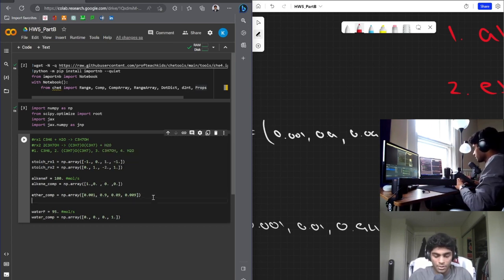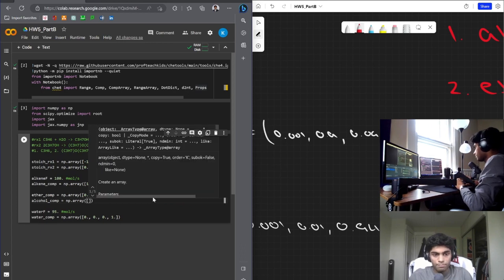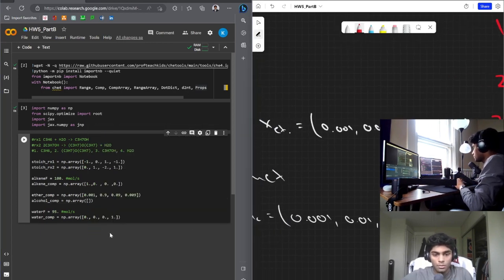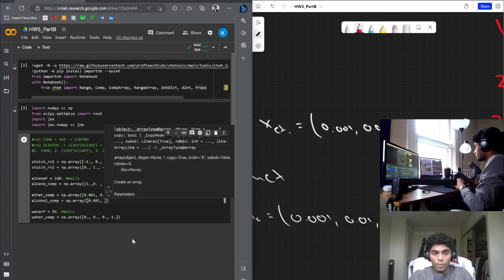And then we end up doing something similar for our alcohol composition too. np.array. And this one, we again had 0.001 fraction of propylene, and 0.01, 0.94, and 0.049.